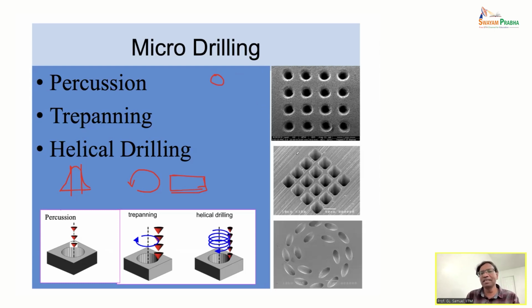In trepanning, we can produce any shape of hole, because depending on the profile of the hole you want, we can make the laser move. So we can get different shapes. Even in helical drilling, generally we go with a circular or elliptical one, or depending on the thickness, we can achieve different shapes.